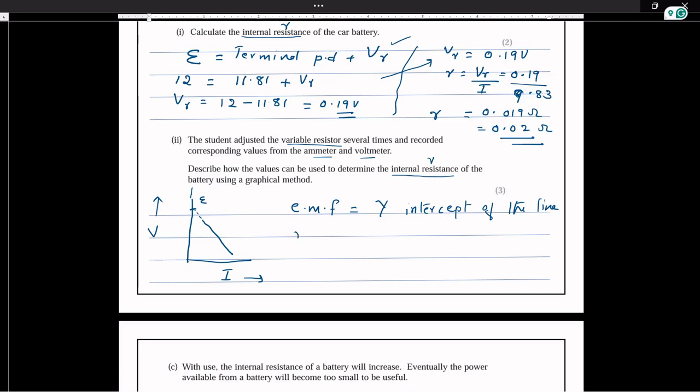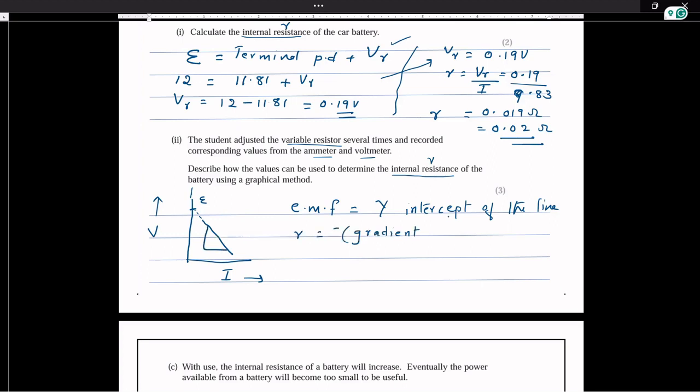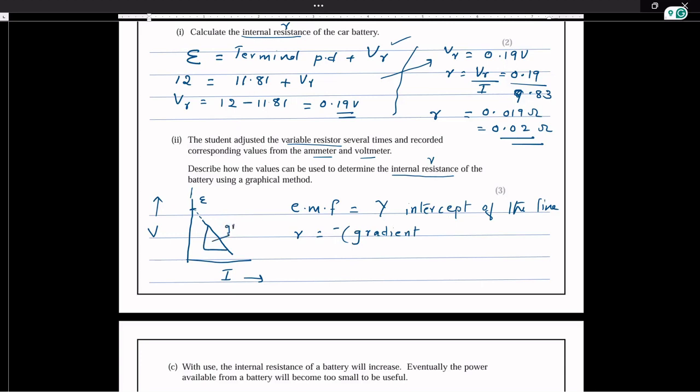Then R equals negative of gradient. So you can find out the gradient, and R is the negative of the gradient. Describe how the values can be used to determine the internal resistance.